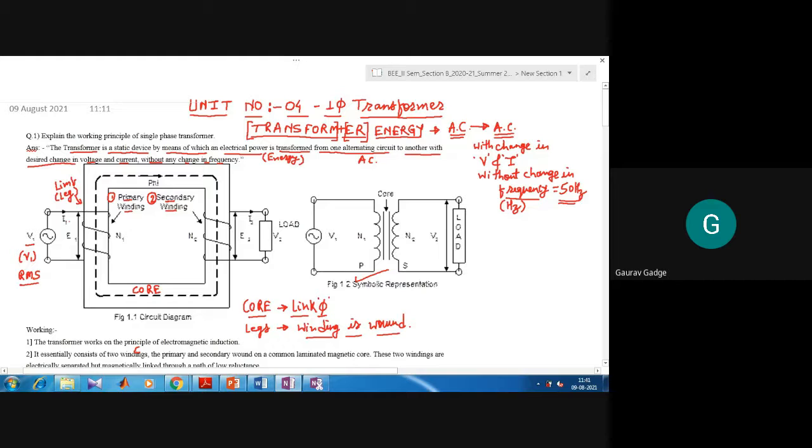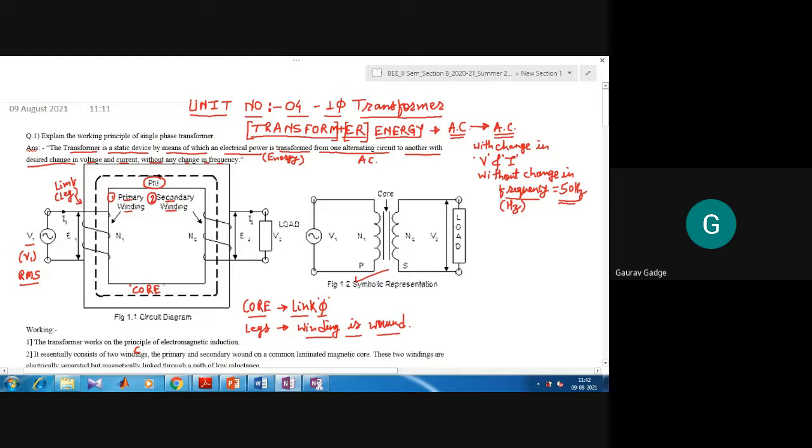Now, as you know, due to the supply voltage, current starts passing through the circuit. The amount of current develops the magnetic field. This magnetic field, which is developed on the primary winding, links from primary winding with the secondary winding. The medium which is used to link that flux is core.